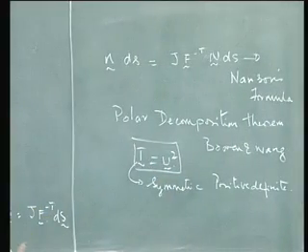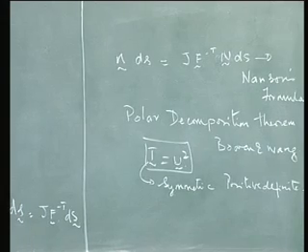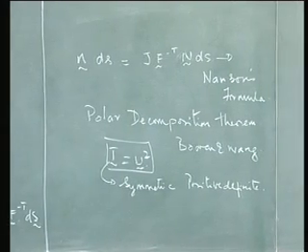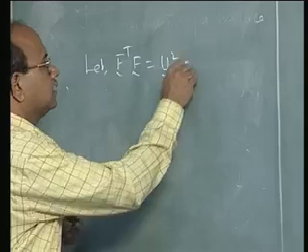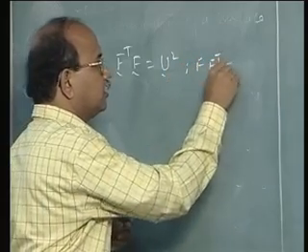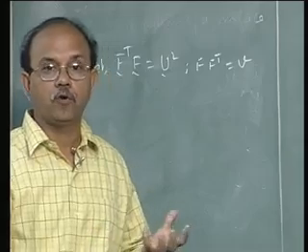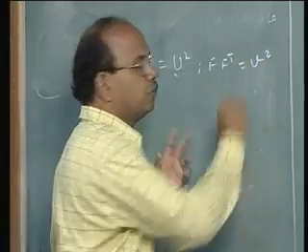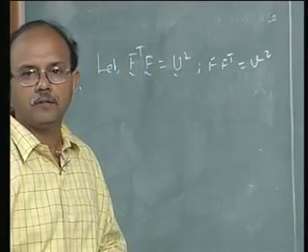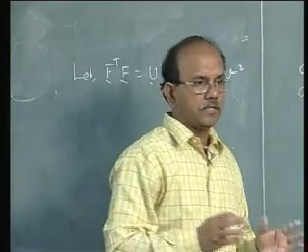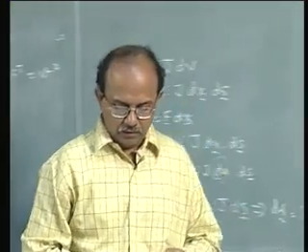So I can say let F transpose F be equal to some U squared, and F F transpose be equal to V squared. Both of them qualify for the first lemma. Is that clear?